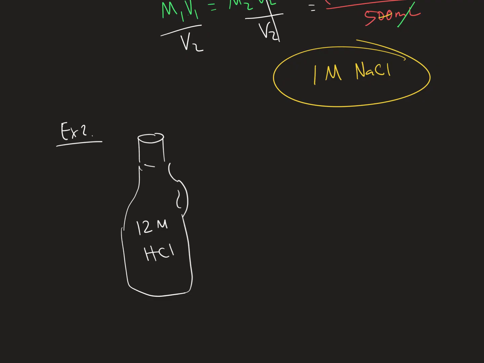And let's say I want to do a reaction. I want 350 milliliters of a 1.5 molar concentration of hydrochloric acid. How do I make it?